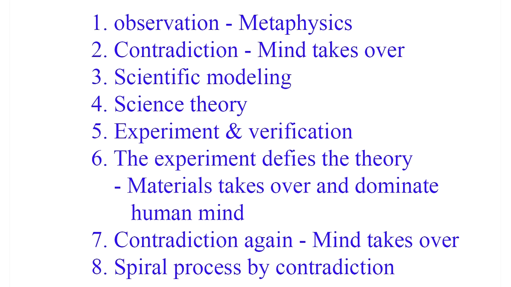The mind takes over. The mind starts working on it. This spiral process of contradiction between nature and the human mind is the driving force of advancing and changing science and physics.